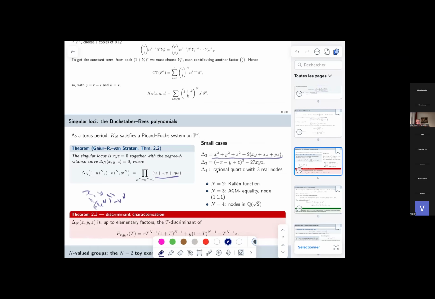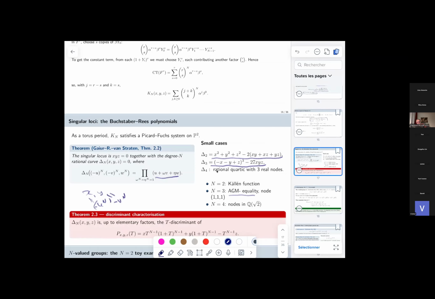For delta 3, it is this cubic, and this cubic, everybody can immediately verify that this is an AGM equality condition.